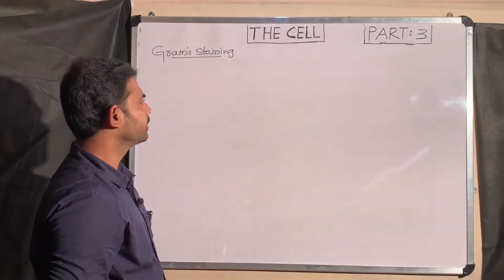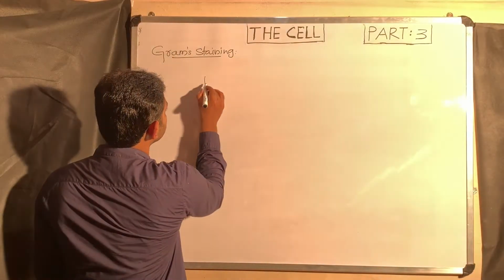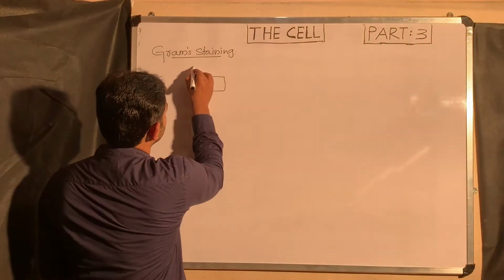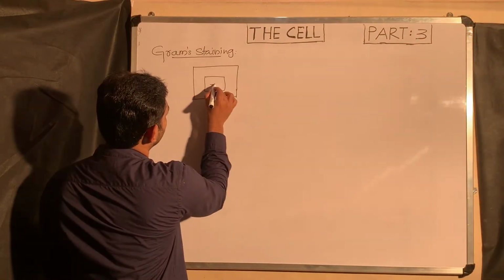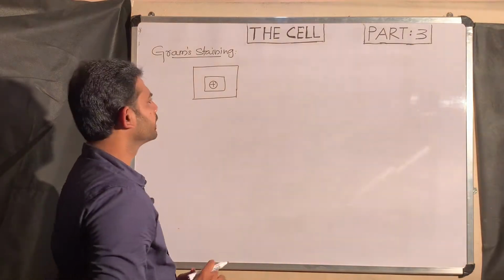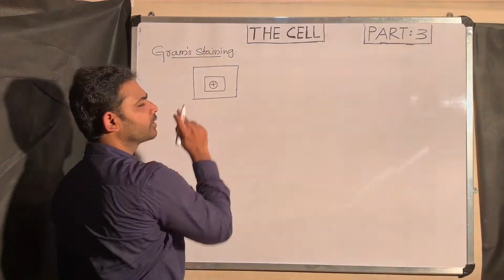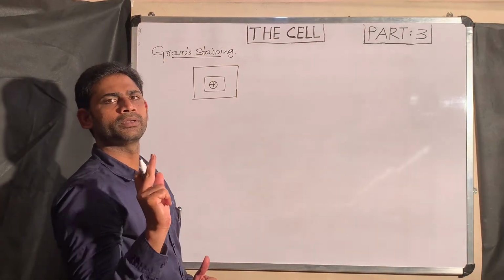Now, for example, on a slide, this is a gram positive bacteria. This one is a cell wall. As I said, the cell wall of gram positive bacteria is made up of thick peptidoglycan.